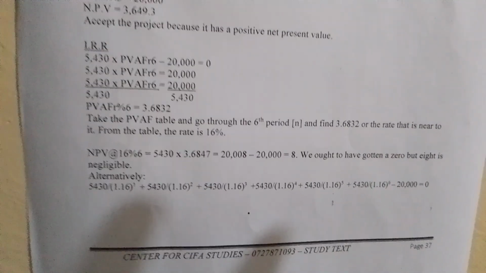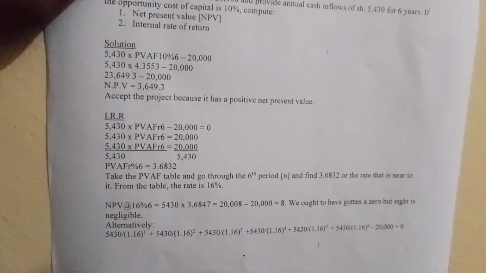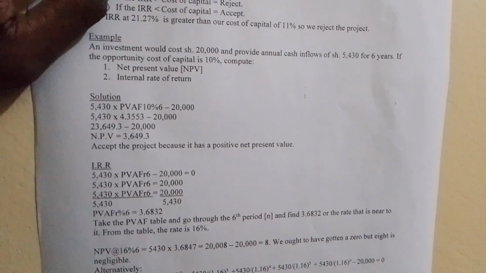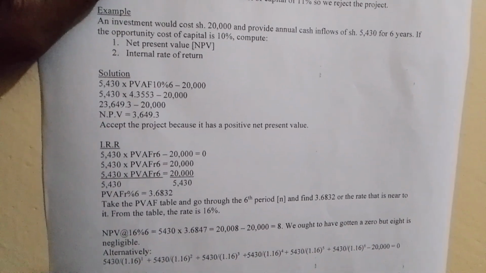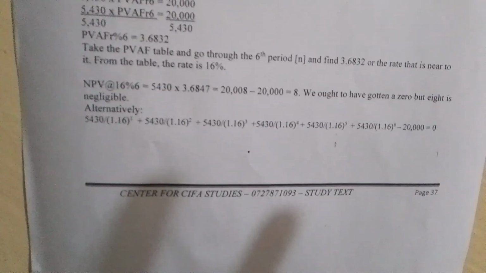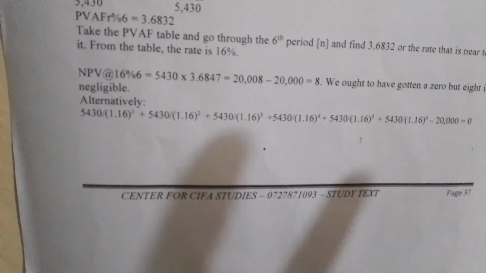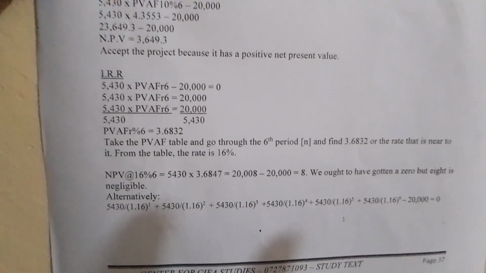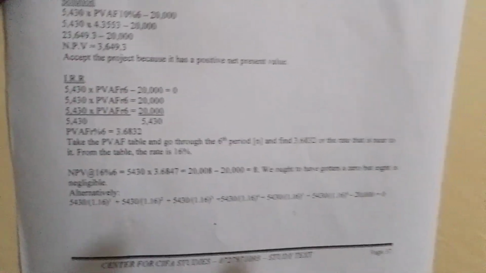Can you try to think about what I have done there? Take that example as part of your assignment. However, the solution, you can see it there. But if you have a challenge, just call for more elaborations.